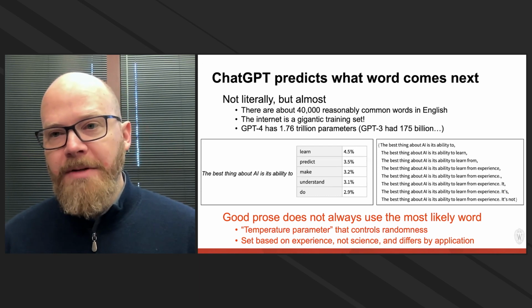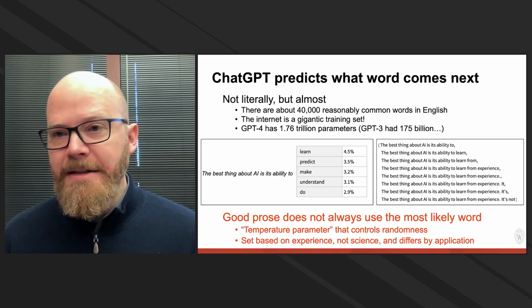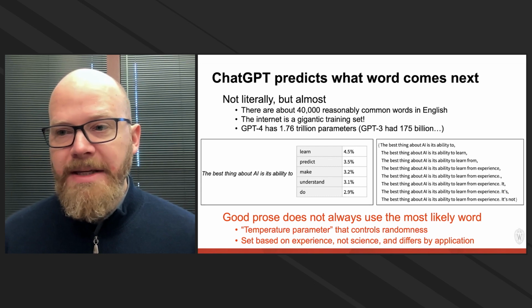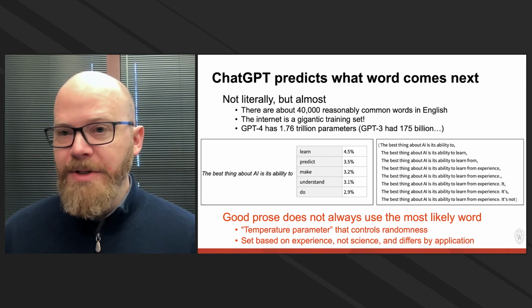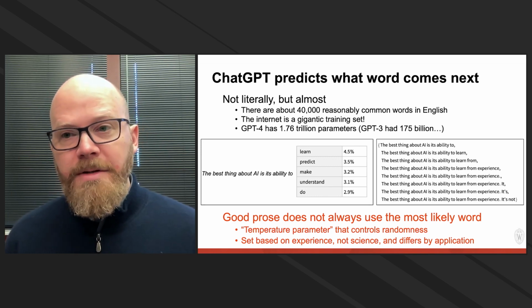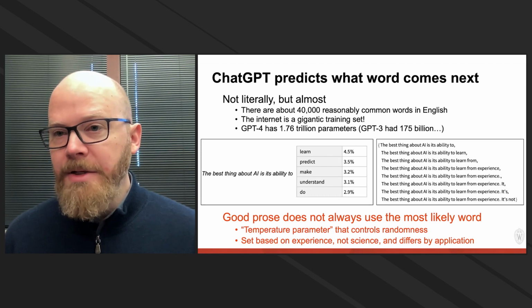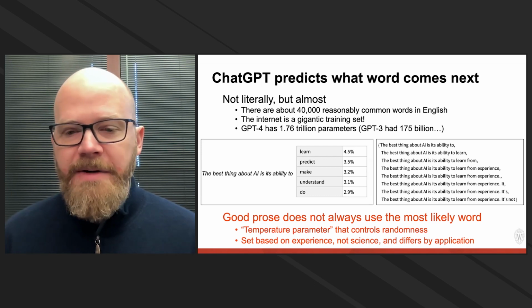So, for example, if you want to create language around technical user manuals or maybe legal terms and so on, you want to set a very low temperature because you don't want the large language model to be very creative. But if you wanted to create haikus or similar things, you want to set the temperature higher to have a little bit more variation in there.